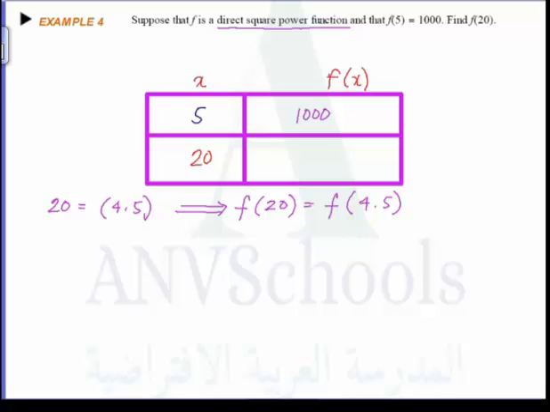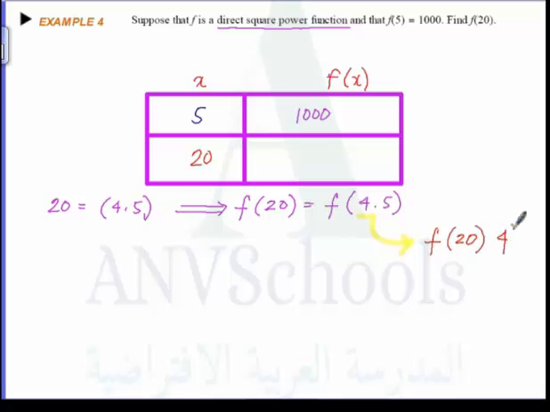What is happening here? If we multiply our x by 4, then our f of x will be multiplied by 4 squared, because this is a direct square variation.